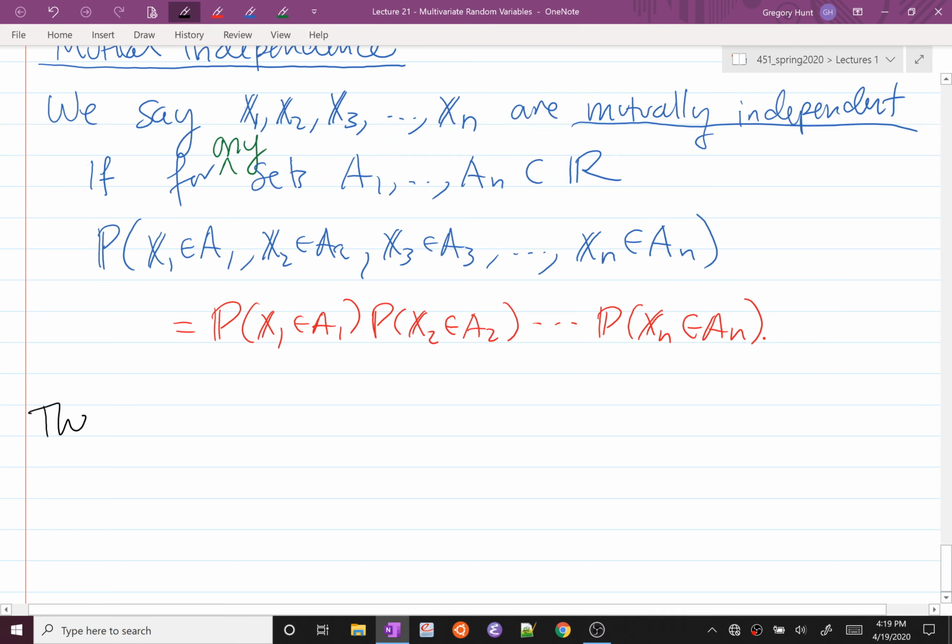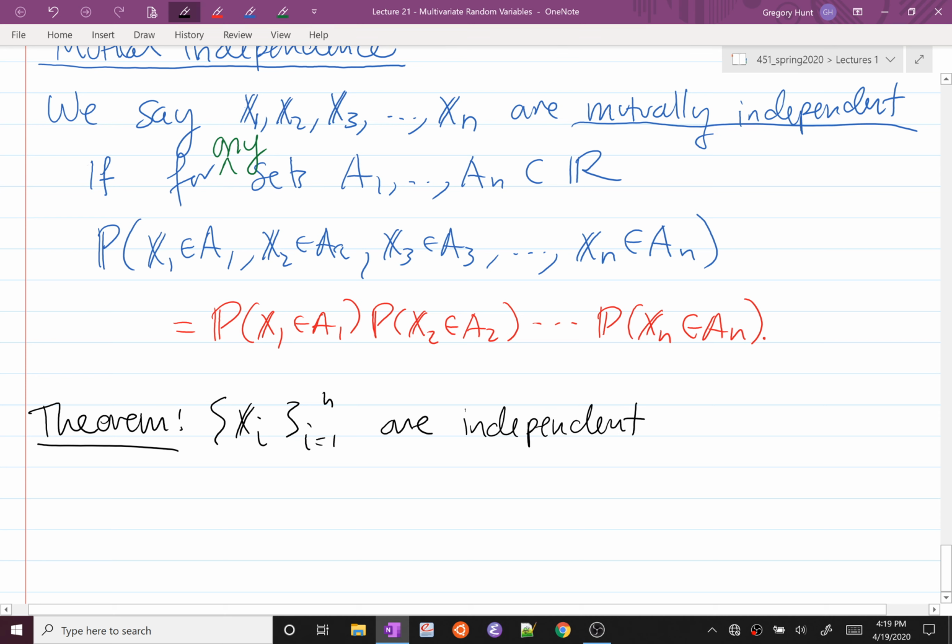Now, that's the definition. It's not the most useful definition practically, when we want to calculate things. So here are our theorems. We're going to say our collection of these x sub i's are independent. I'm going to drop the word mutually here.